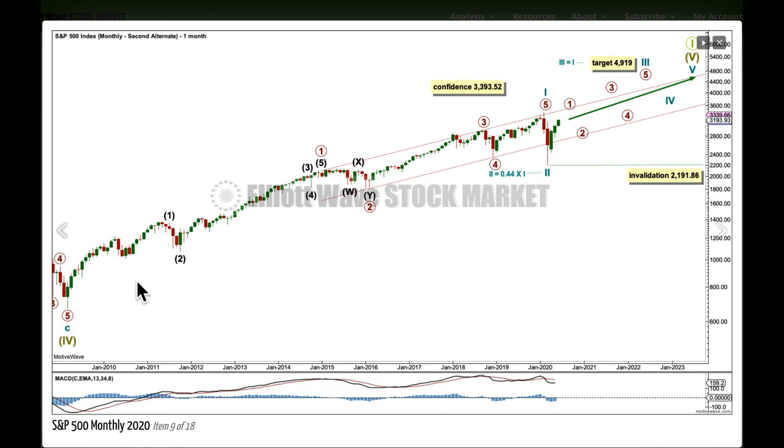What if we have 5 steps forward and a really brief shallow 3 steps back? This is an alternate because this has a low probability, because this little movement here looks to be far too brief and too shallow to be a normal looking second wave correction. A cycle degree second wave over in just over a month, not even a full 2 months, that really does look too brief. But let's consider all possibilities.